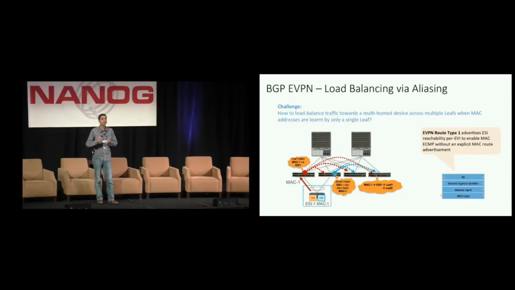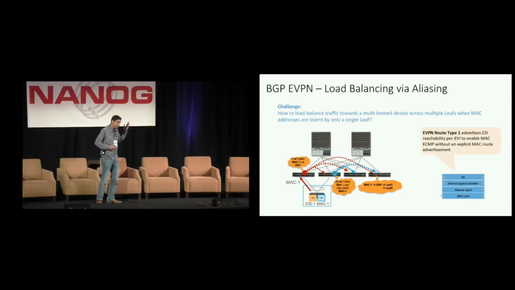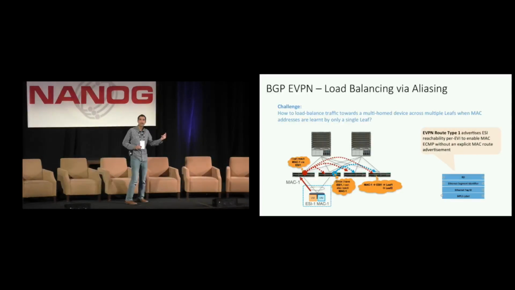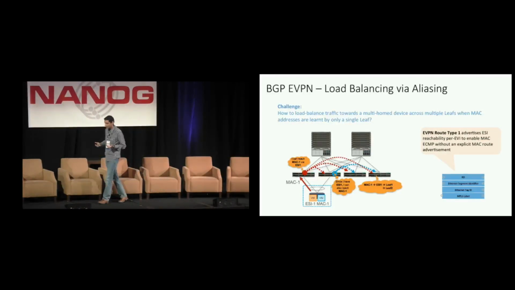However, we must ensure that all the remote leaves are able to load balance the traffic flows destined to that host across all the leaves that the host is multi-homed to, even if the host is only advertised by one PE router, or one leaf router here. So how do we accomplish that? That is accomplished via an EVPN procedure commonly referred to as aliasing.